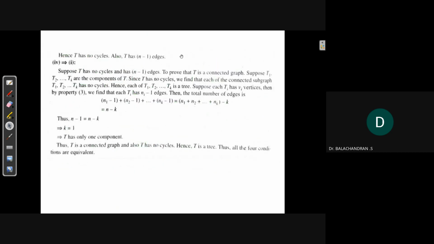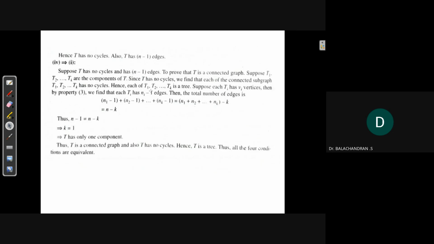Suppose T1, T2, Tk are components of T. Since T has no cycle, T1, T2, Tk are connected graphs with no cycle. Connected and no cycle means each of them is a tree. So T1, T2, Tk are all trees.